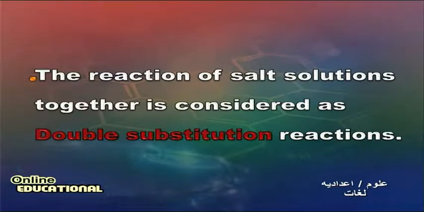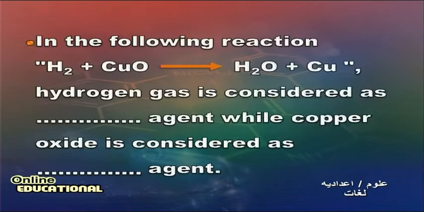There are 3 types of double substitution, and one of them is the reaction between 2 salt solutions. In the following reaction, hydrogen passes over copper oxide. It will produce water vapor and copper as a red precipitate.